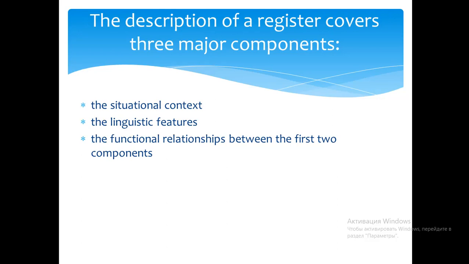For a simple example of the register analysis process, briefly consider face-to-face conversation. First of all, it is important to note the situational characteristics of conversation that distinguish it from other registers. Face-to-face conversation requires direct interaction between at least two people who are together in the same place at the same time.